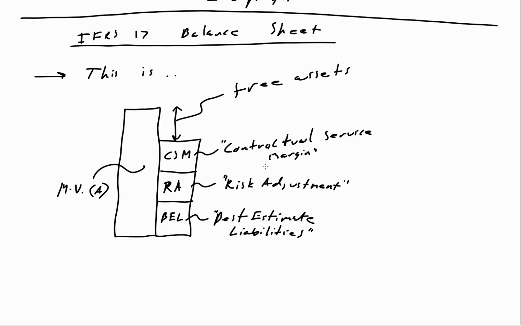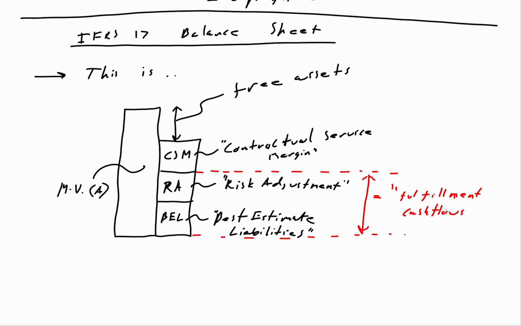And these two concepts at the top here are definitely new ones for us. Just so you know, if you go through some of this IFRS 17 literature, you'll see that these two things at the bottom are sometimes together given a name, and they're called fulfillment cash flows. So just like with all regulations, there's lots of new jargon to learn.